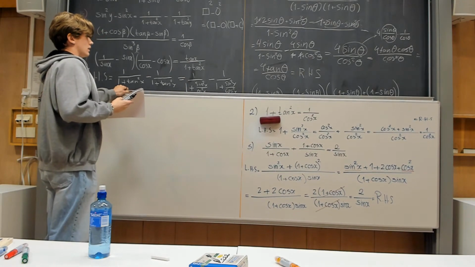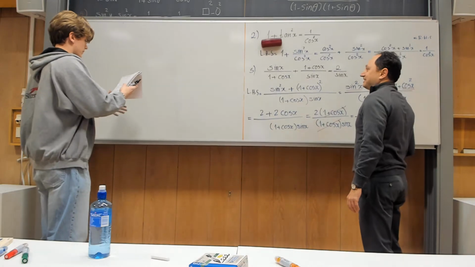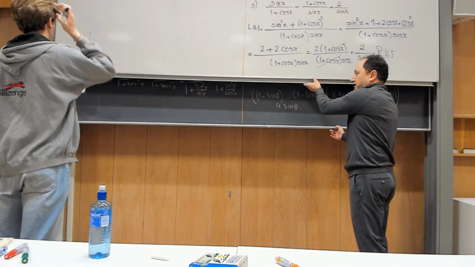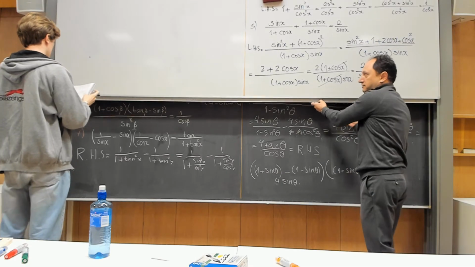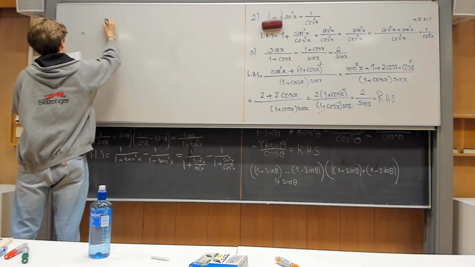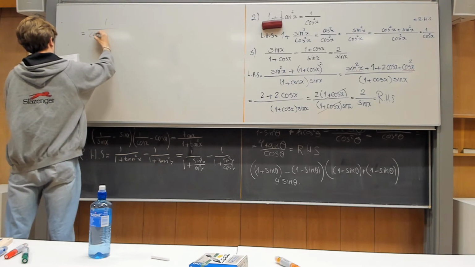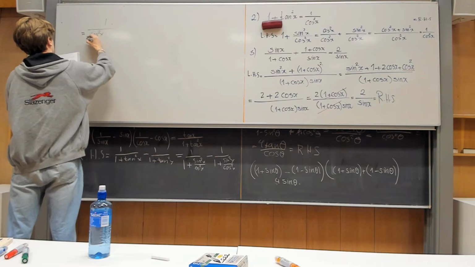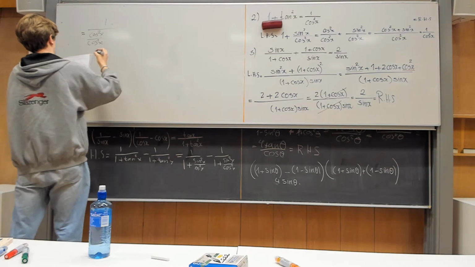So I think I should do this one for you guys. Just move it up. Then we will bring it down. Then people can see that, and you yourself can see. So instead of writing 1, I wrote 1 divided by cos squared x, divided by cos squared x.